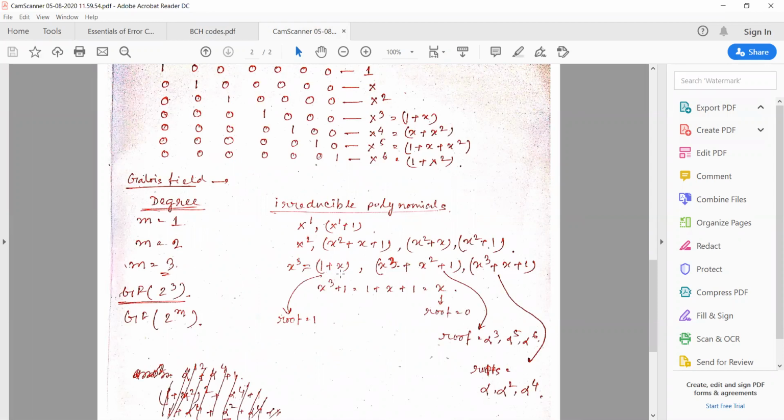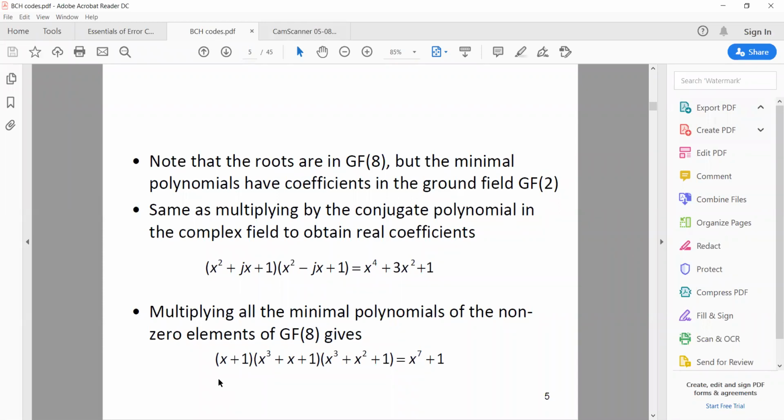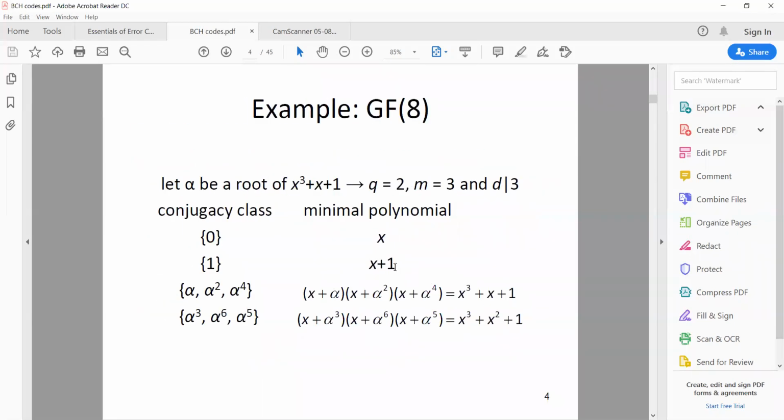So the non-zero elements are x plus 1, x cube plus x plus 1, and x cube plus x square plus 1.